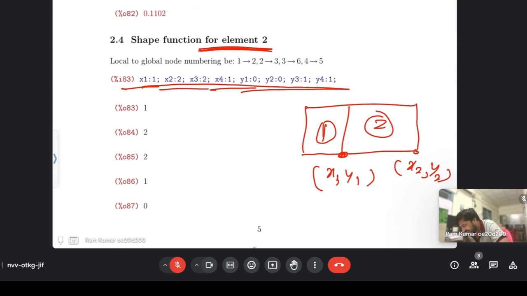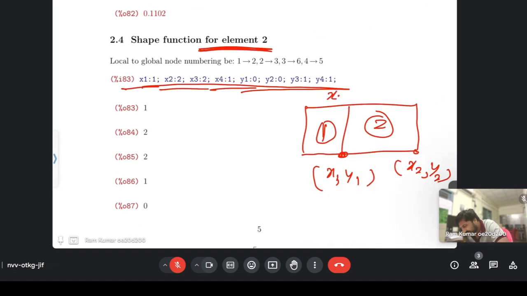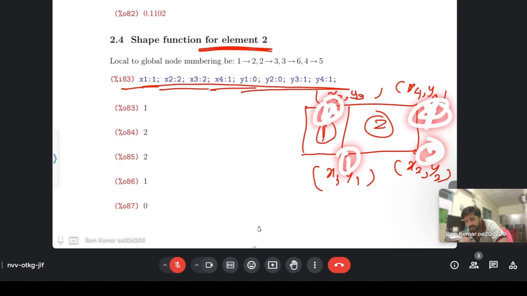So x1, y1, then x3, y3, x4, y4. So in 1, 2, this will be 3, this will be 4. So we are having 4 nodes now, and again we have to start.